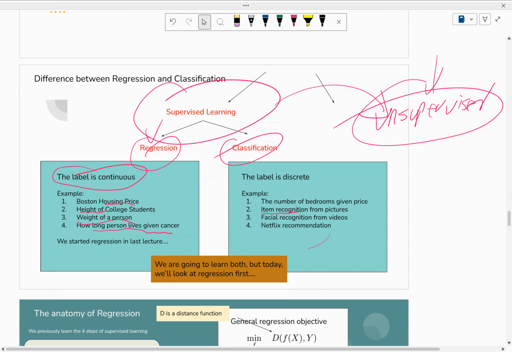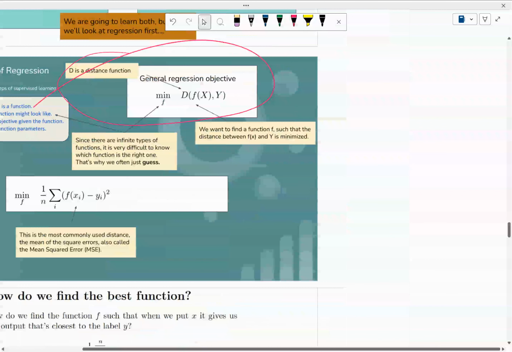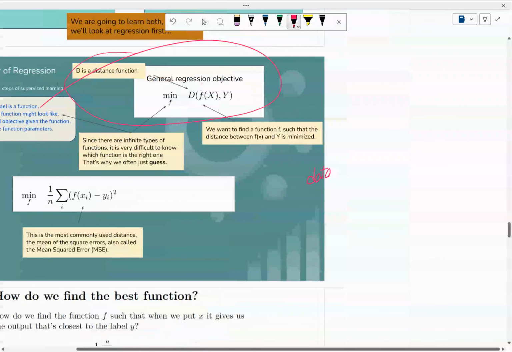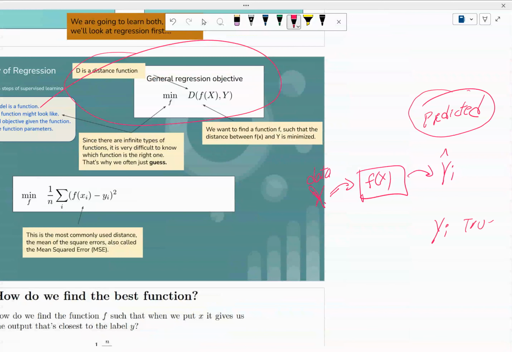Okay, so regression. The idea of regression is very simple. We have some kind of data, we'll call it X. What we want to do is put this data into some kind of function, and then it will give us some kind of predicted label. And then we want our prediction to be as close to the true label as possible, right?